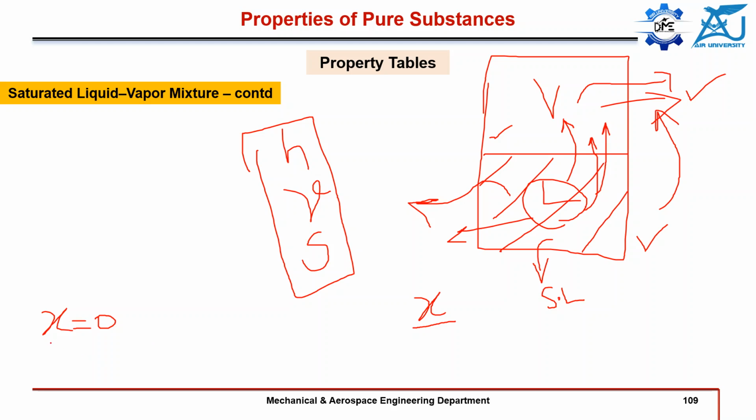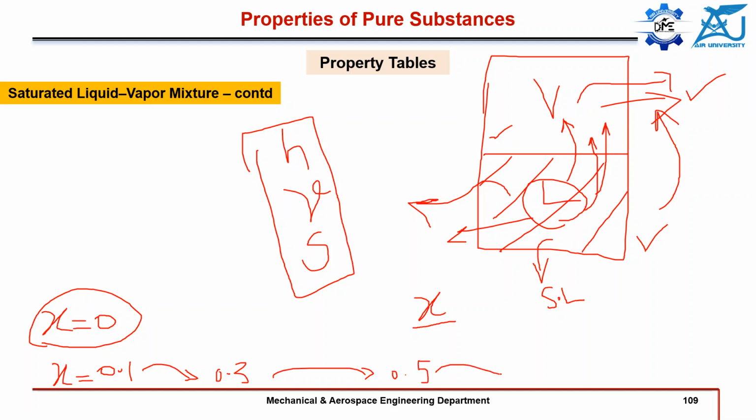So from x equal to 0, this quality will increase. For example, it will become 0.1, then 0.3, then 0.5, then 0.8, and then 1 whole.